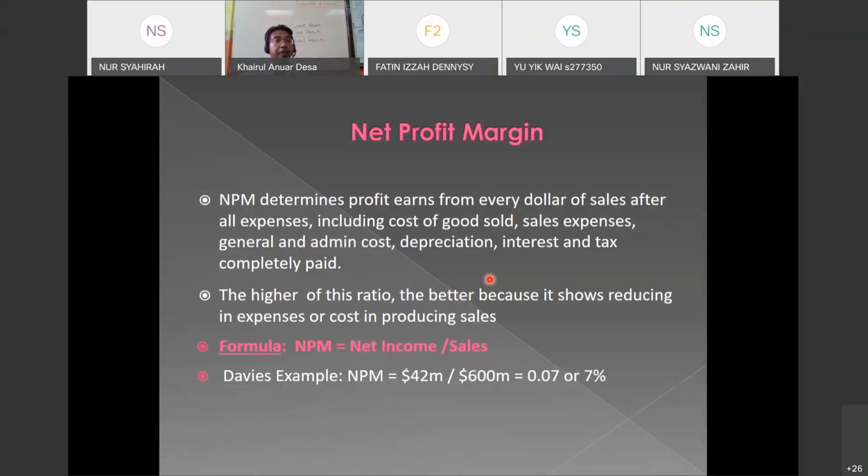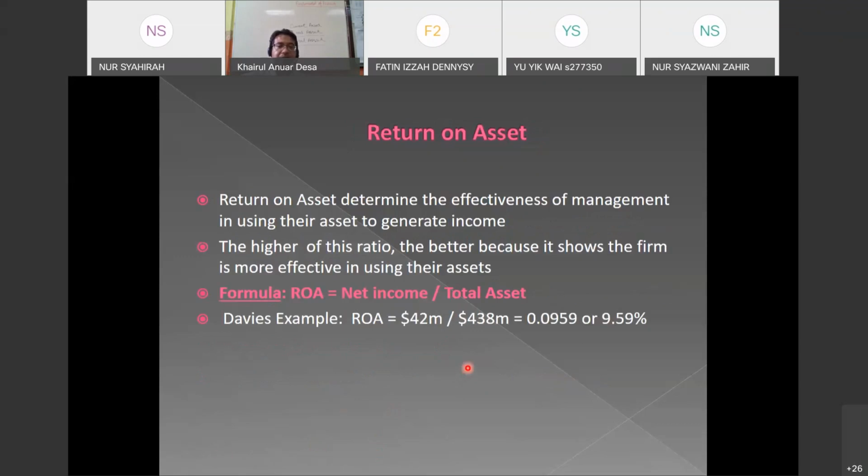Berapa tinggi? Itu kita kena buat test yang lain melalui trend analysis, comparison with the competitors, and also benchmark by the third party. Alright? Setakat itu ada soalan? Any question?